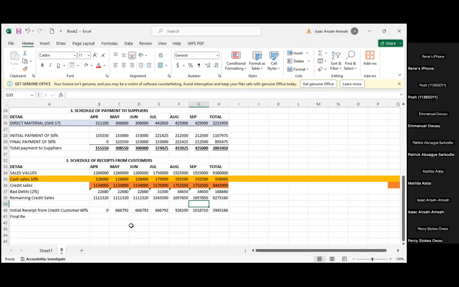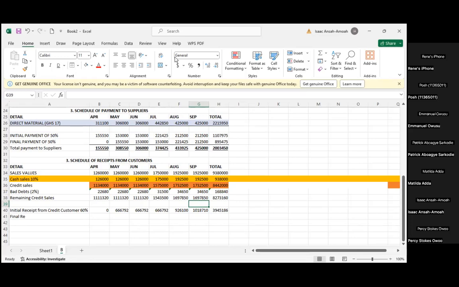Great. And to add, when you look at sales, we are saying credit sales. And if we've recorded bad debt, it shouldn't be part of the credit sales.